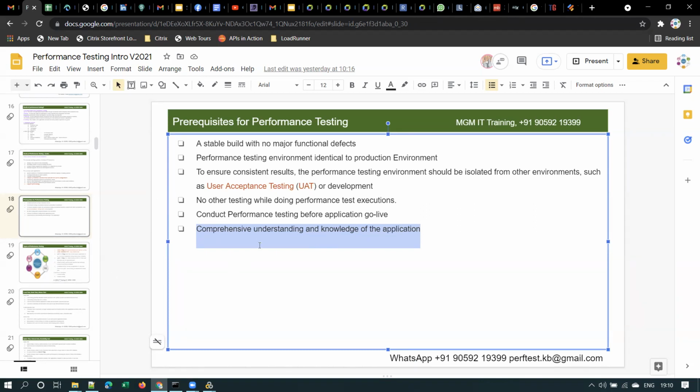So shall I move to the next slide, or any queries over here? Deepika, are you able to hear me? I received a message from her saying that she's unable to hear. Deepika?